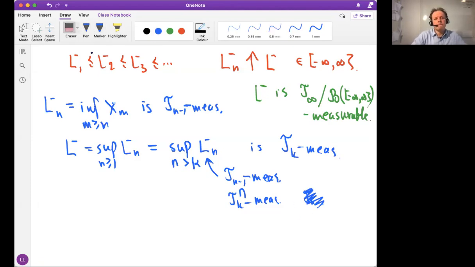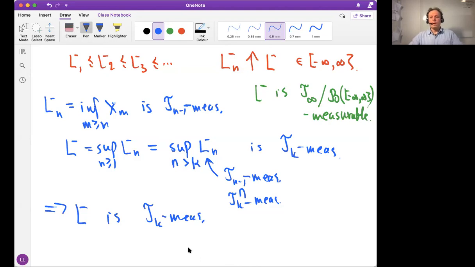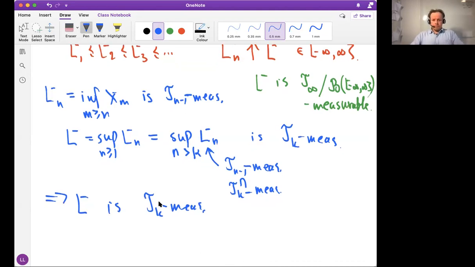Okay. So we conclude that L minus is T_k measurable. But what is k? k was just some integer. So actually this is true for any integer k bigger than 1.